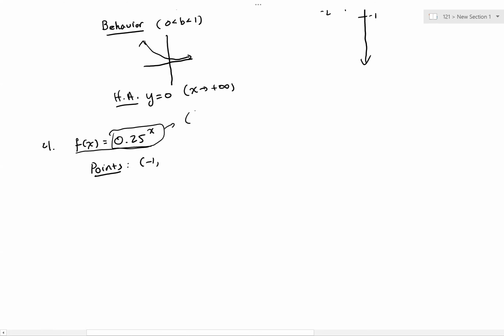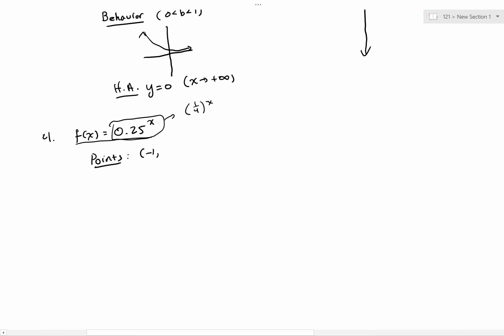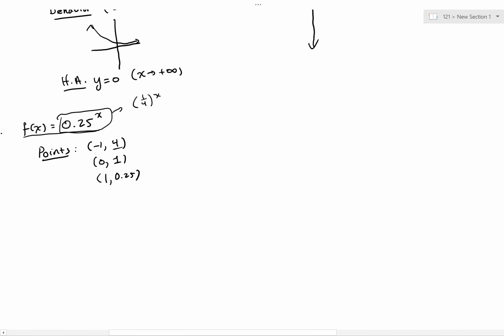This is the same as 1/4 to the x, right? A quarter, 0.25, is the same as 1/4. So noticing that, when you divide 1 by 0.25, you will get 4. When you plug in 0, you'll get 1. Now when you plug in 1, you'll get the base, which is 0.25 or 1/4 if you prefer to use the fraction version of that.